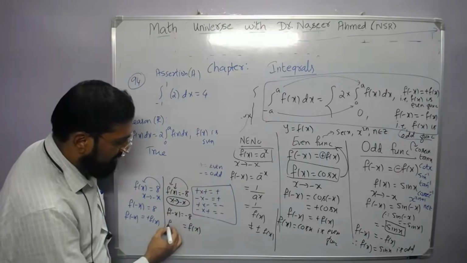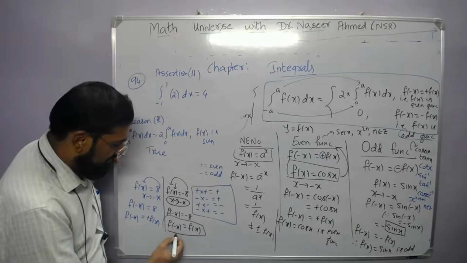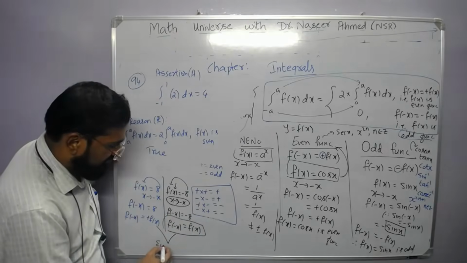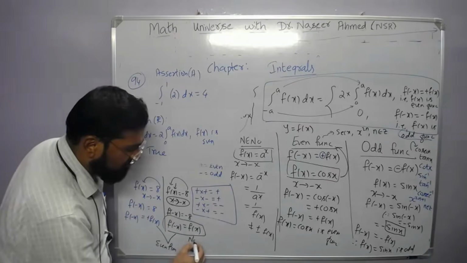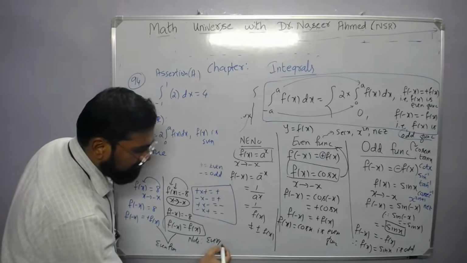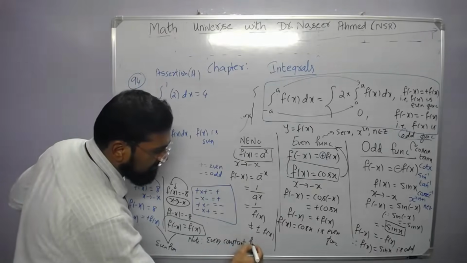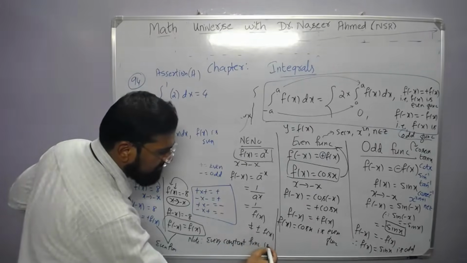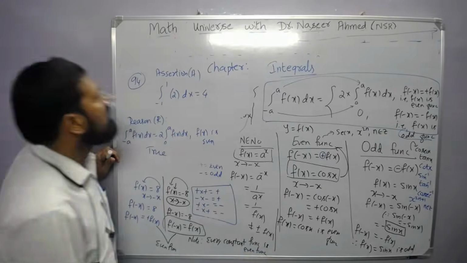So f of minus x is plus f of x, nothing but an even function. So every constant function is an even function. Note: every constant function is an even function.